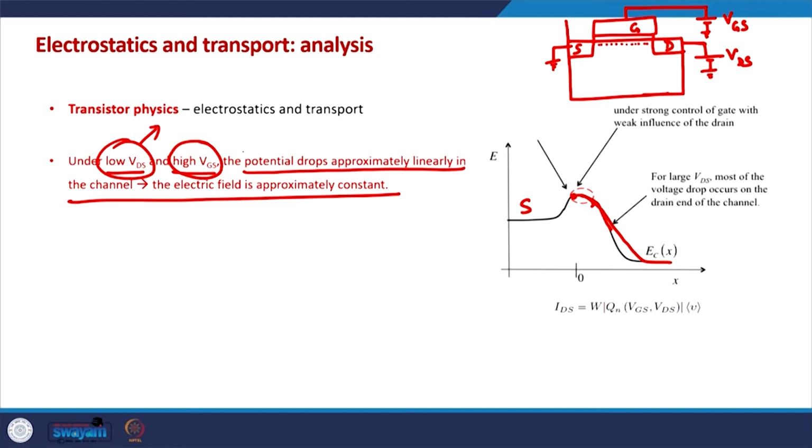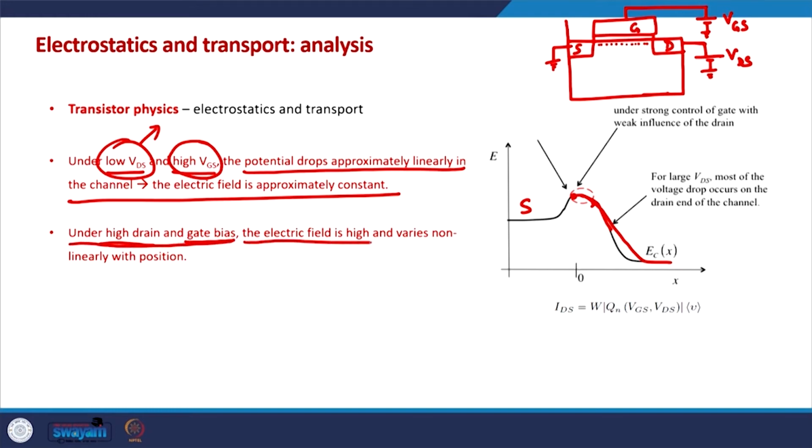And this is also quite qualitatively understandable. When a high drain voltage is applied and the gate voltage is already high, so under high gate and drain bias, the electric field is also high and it varies non-linearly in the channel.